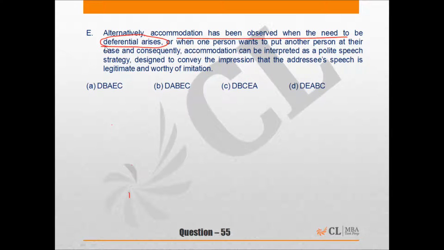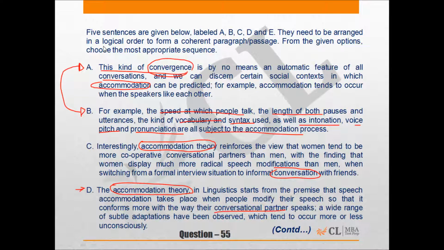So when there is a need for a change, that is when accommodation comes in, and this differential can be linked to right here where it says in C that sometimes there are radical speech modifications in women, that women display such speech modifications when switching from a formal interview situation to informal conversation with friends.